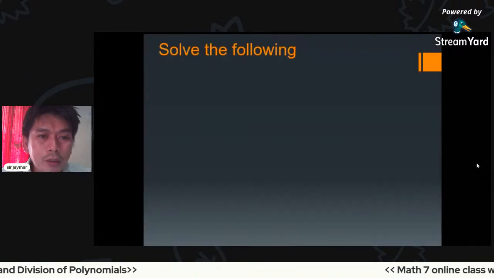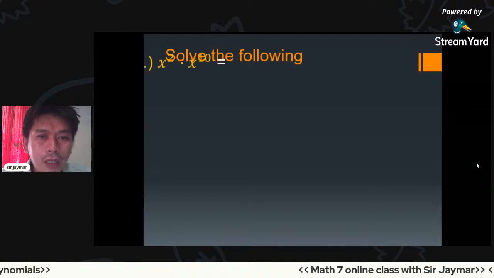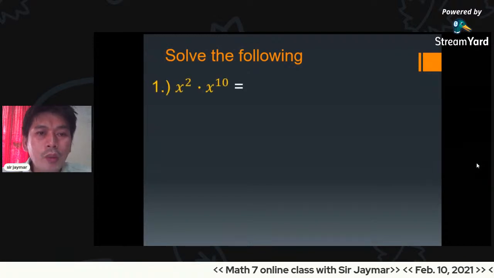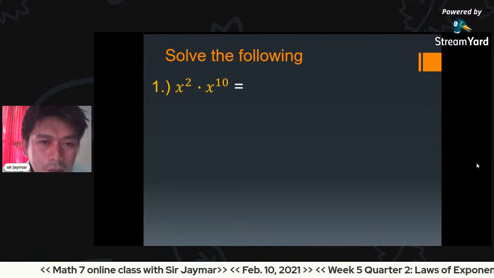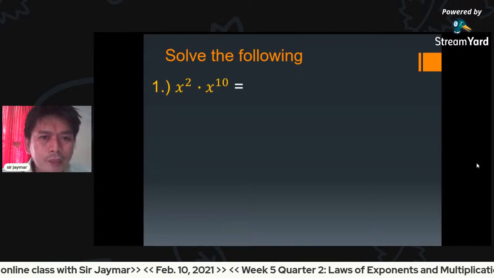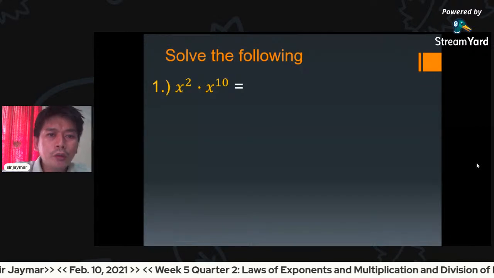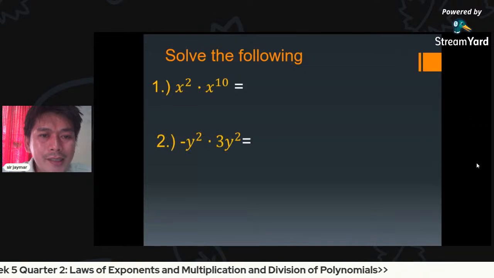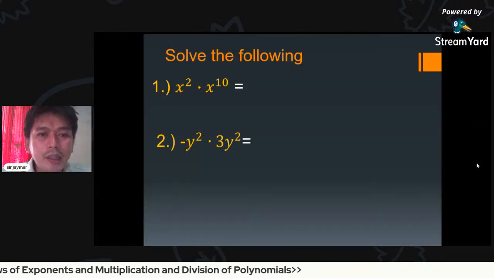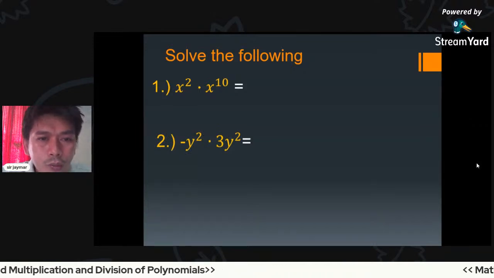For example number 2, solve the following. Number 1, x squared multiplied by x raised to 10, or x to the power of 10. What will be the answer? You are going to apply the product rule. You have to copy the base and then add the exponent. How about number 2?